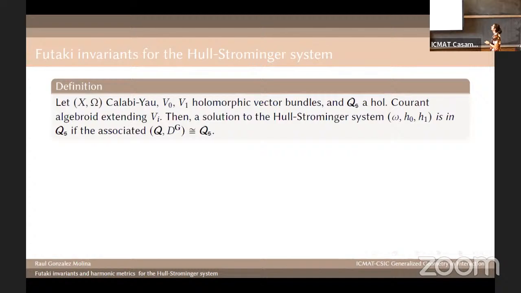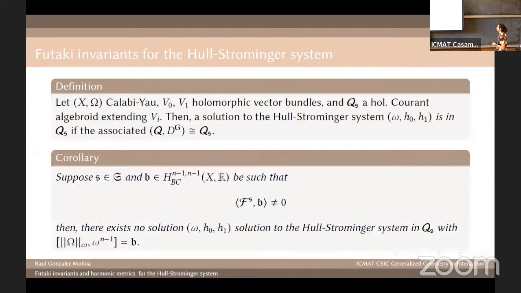If we consider this geometry and a fixed holomorphic current algebroid that extends the holomorphic vector bundles, I will say that a solution to the Hull-Strominger system lives in this holomorphic current algebroid if the associated holomorphic current algebroid is isomorphic to the one I fixed. It's just a method of classifying where different solutions to the Hull-Strominger system live.